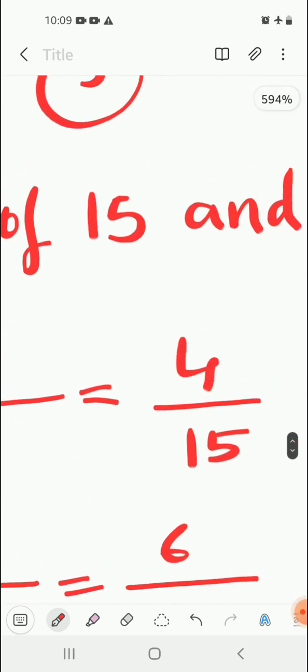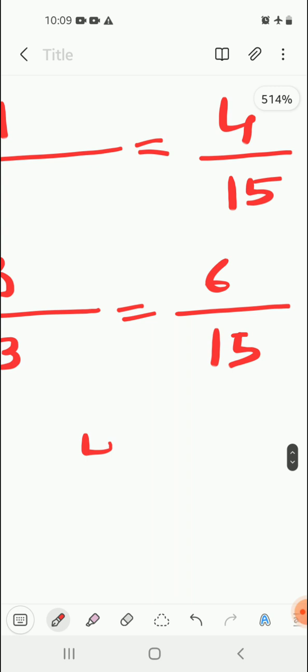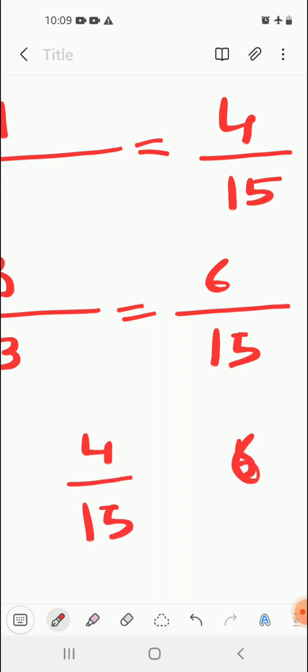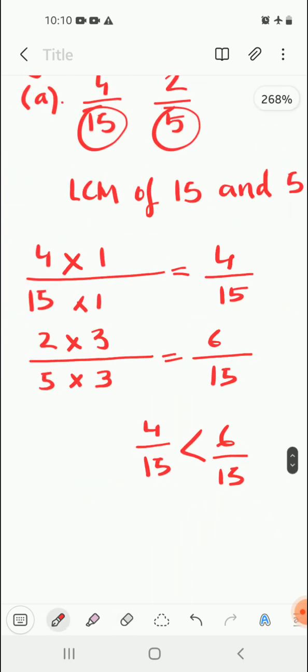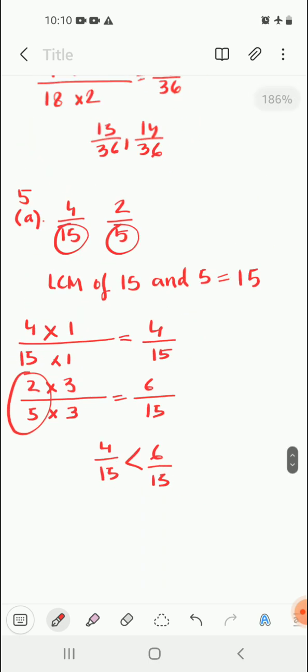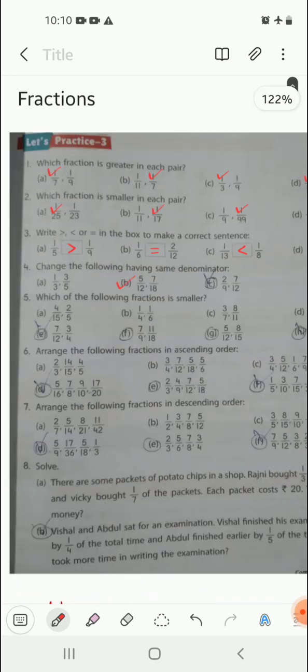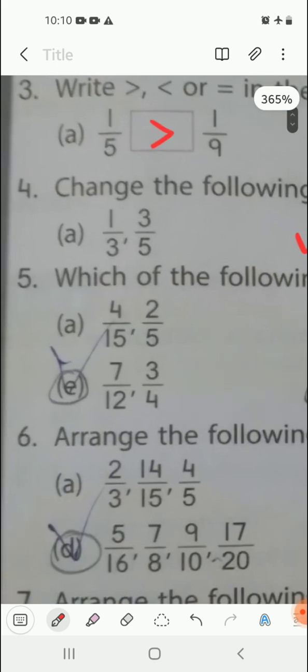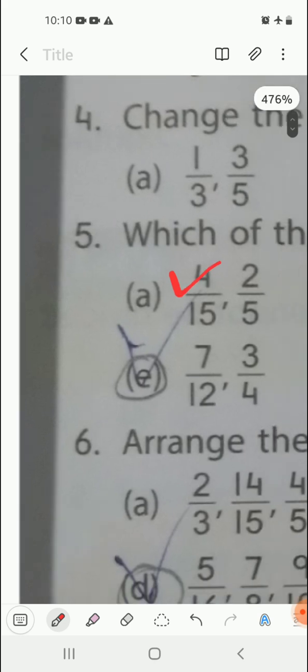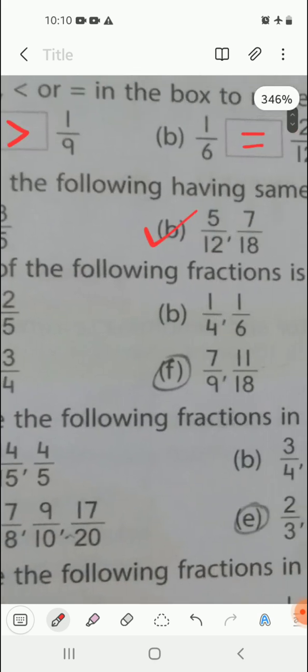So we have got 4 by 15 and 6 by 15. If we compare 4 by 15 and 6 by 15, they are now like fractions, because the denominators are the same. In this case 6 is greater, so 6 by 15, that is 2 by 5, is the greater fraction. So if we are to mark which of the following fractions is smaller, 2 by 5 is greater, which means 4 by 15 is smaller.